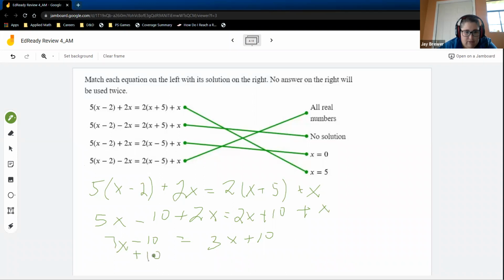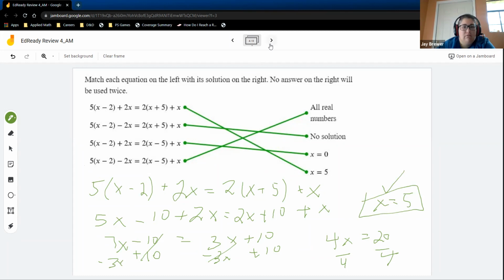Plus 10, minus 3x. That gives you a 4x equal to 20. Divide by 4, divide by 4. X does indeed equal 5. Okay, so that's how you do that kind.